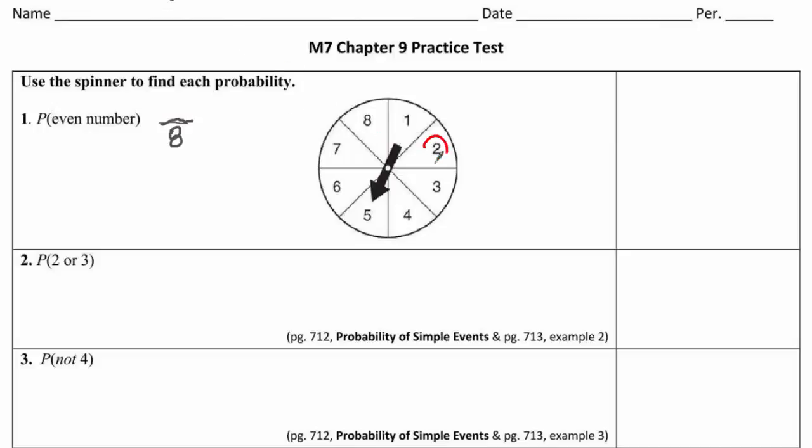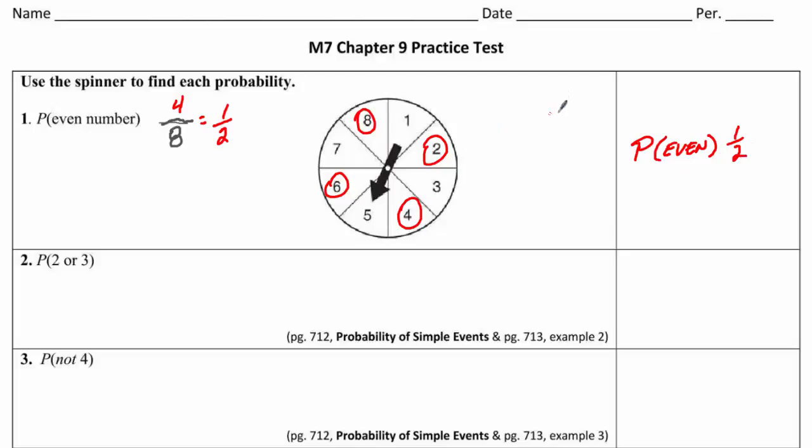So in case of finding an even number, there are 1, 2, 3, 4 even numbers. So the probability of finding an even number is 4 out of 8, which simplifies to 1 out of 2. So the probability of even, 1 out of 2.